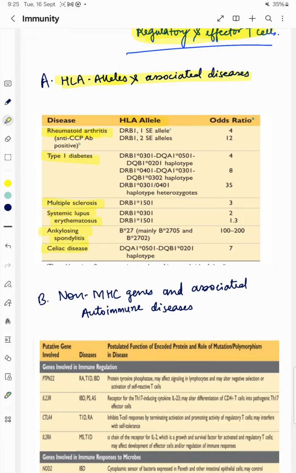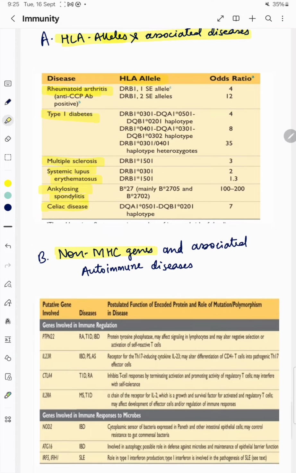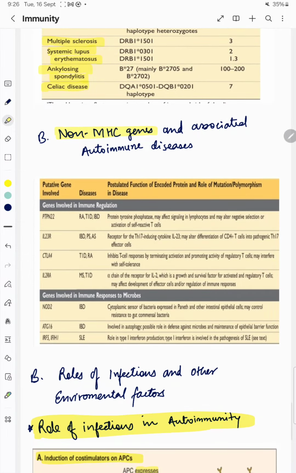Another class of genes are non-HLA genes that are associated with autoimmune diseases, like PTPN2 mutation associated with rheumatoid arthritis, type 1 diabetes, and IBD, inflammatory bowel disease. Interleukin 23 receptor is associated with inflammatory bowel disease, psoriasis, and ankylosing spondylitis.